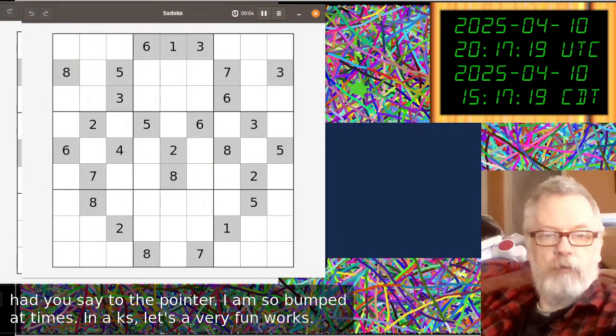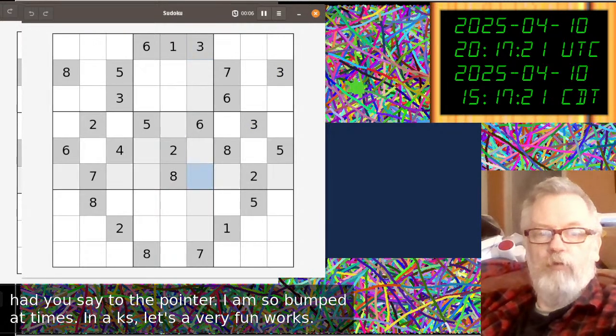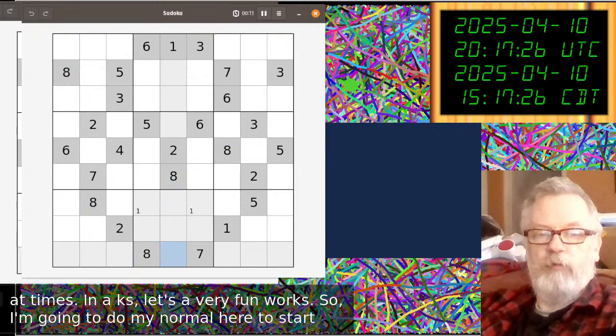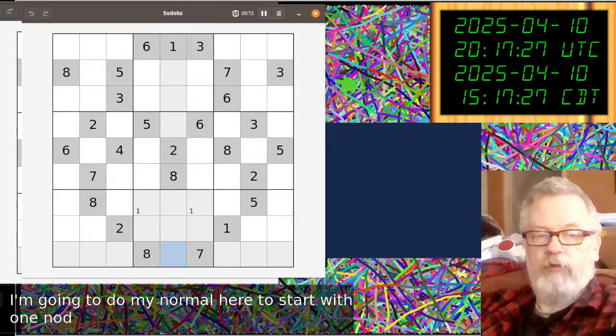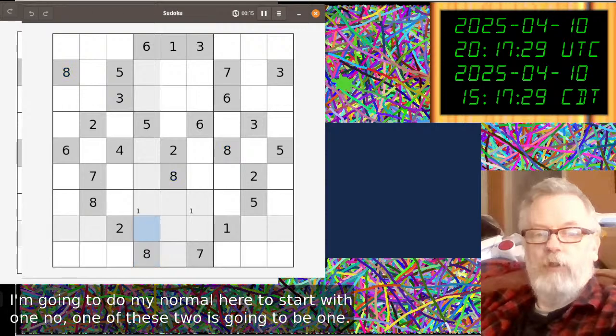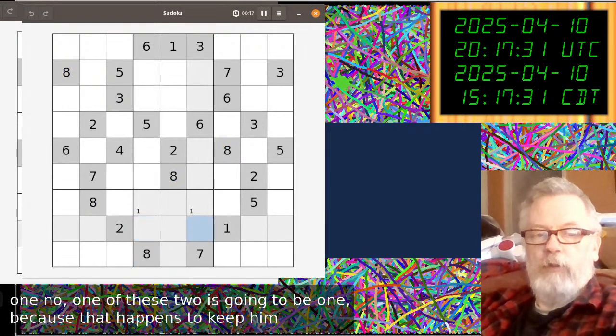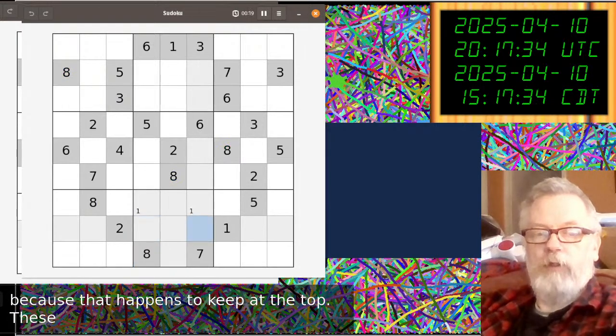So I'm going to do my normal here and start with the ones. I know that one of these two is going to be 1 because that one can't be because of the top. These two are full, so these 3 can't be because of the one on the left. That leaves us with just those 2.